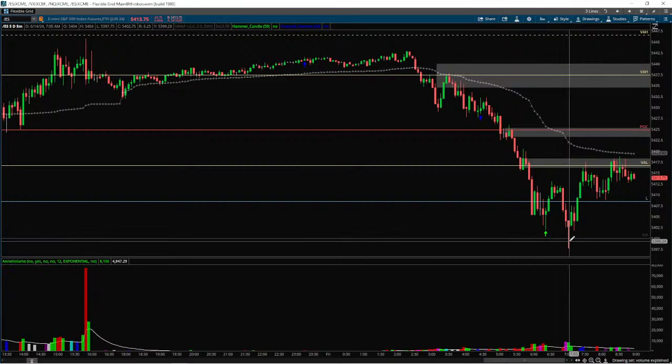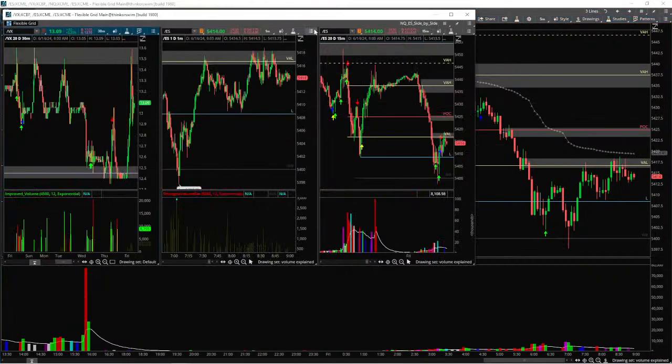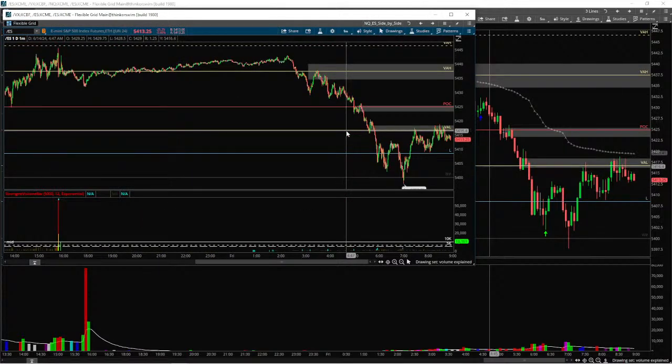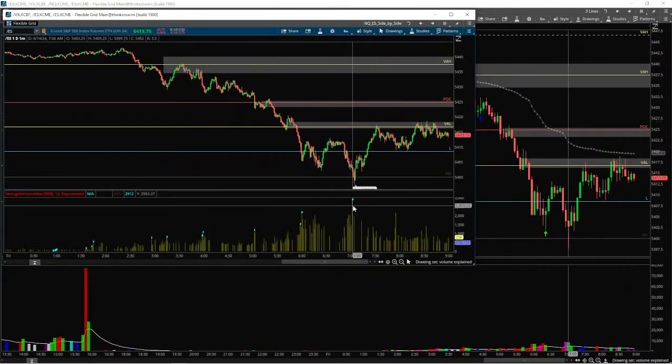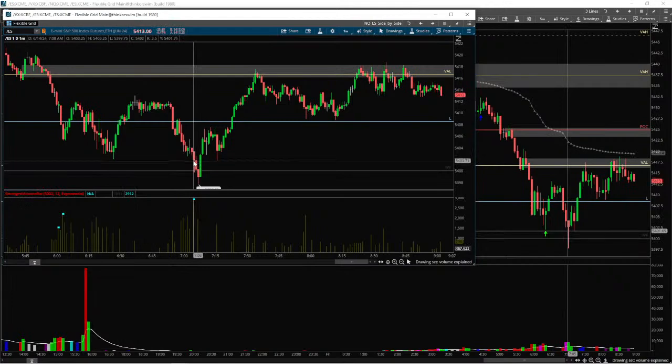This area is higher. It does seem highly important. Let's go to the 1 minute and see if we have any strong volume sticking out. Yep, that area is sticking out. It's just that, really. It's coming from up here.